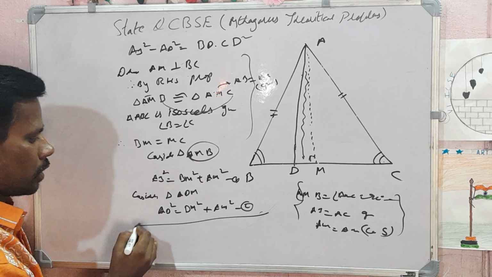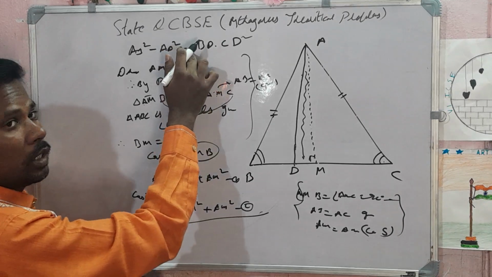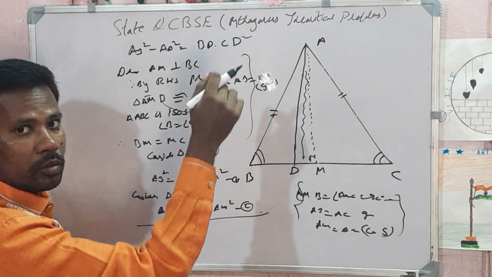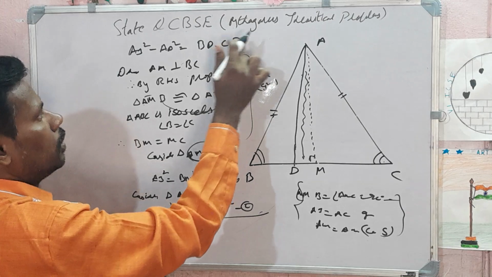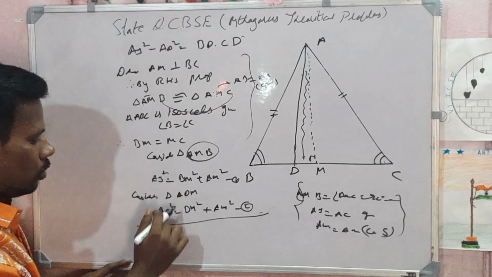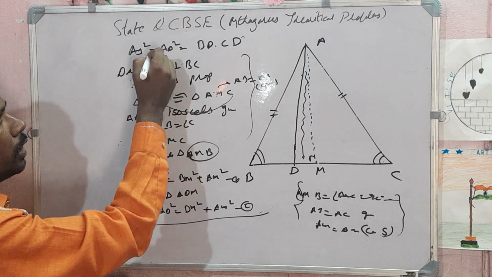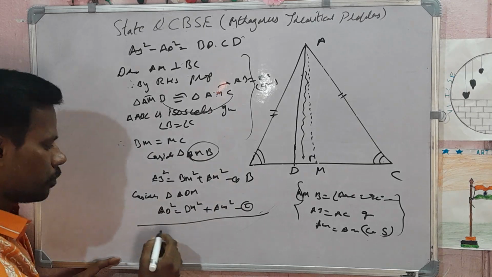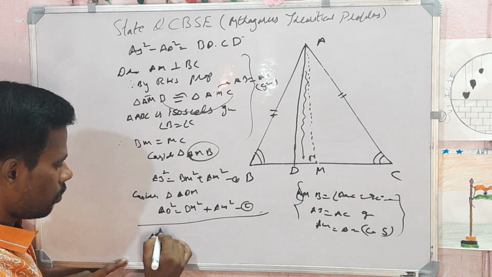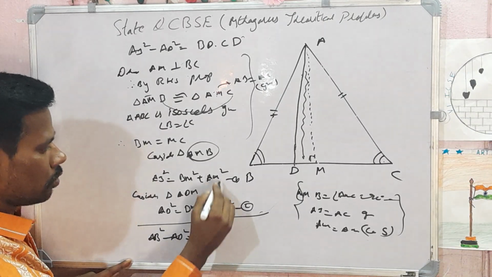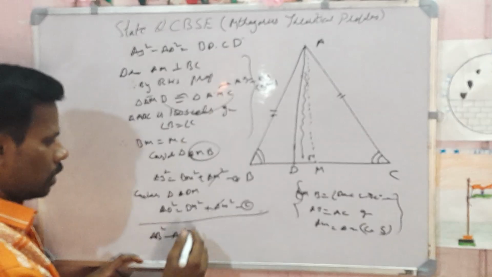Now subtract. Why should we subtract? Because keep in mind what we have to prove. Never forget what we have to prove: AB square minus AD square. So you need to subtract this. Suppose if they give addition, you need to add. AB square minus AD square is equal to this, and AM square gets cancelled.